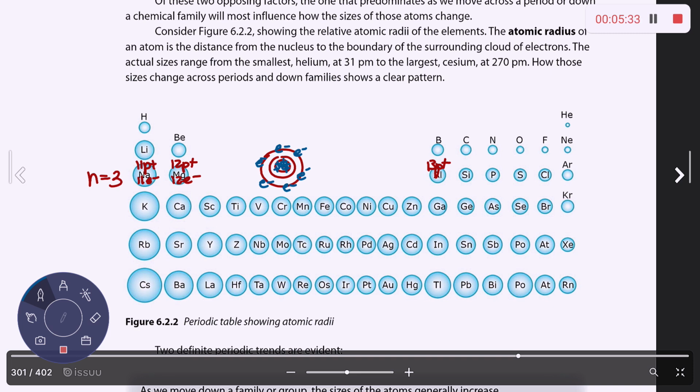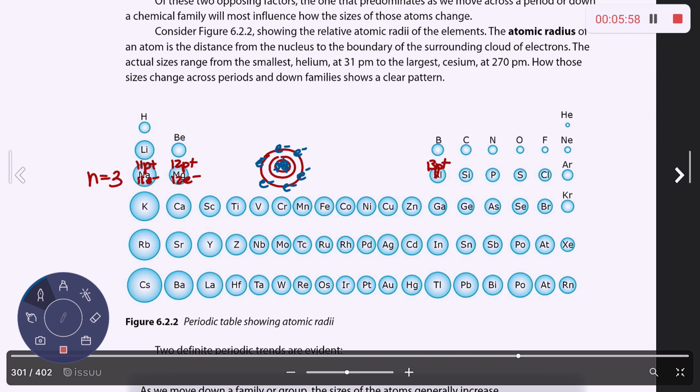Here where I have my transition metals, you'll notice in the transition metal region, it appears like the atomic radius isn't changing that much. You're right. That has to do with the electrons that are going into the d orbitals. What I would concern yourself with are adding Ns as you go down a group, and the effective nuclear charge increasing left to right, which is going to pull in those electrons and make the atomic radius smaller.